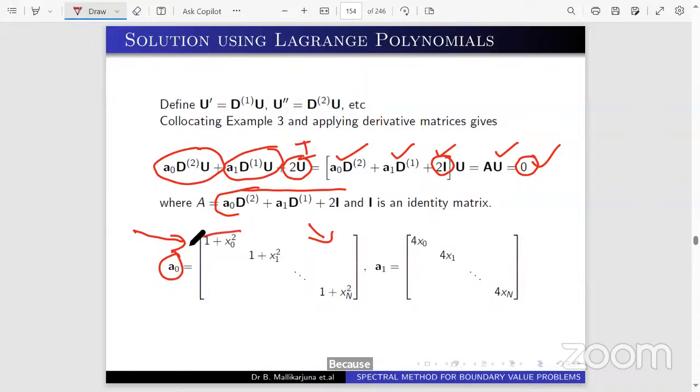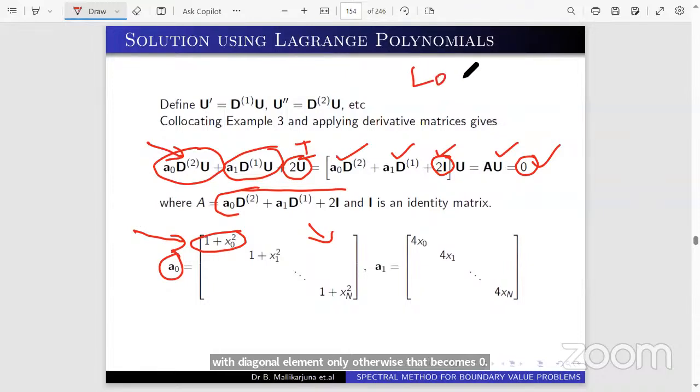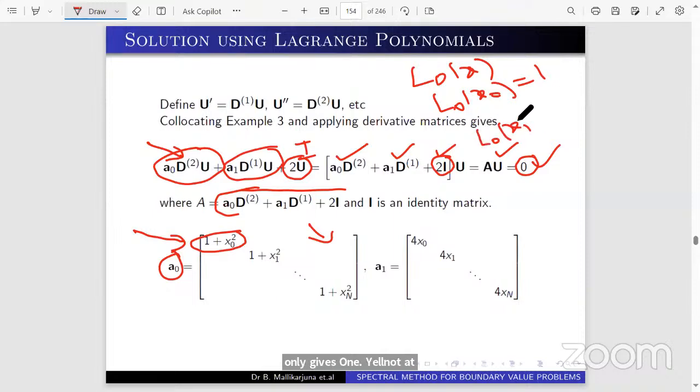1 plus x0 squared is multiplied with the diagonal element only, otherwise that becomes 0. As per the concept, L0 at x0 only gives 1. L0 at the other points will be 0.